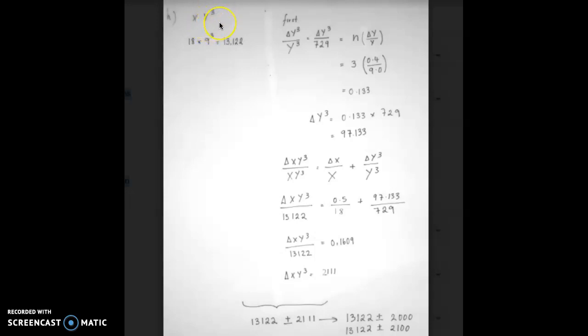So the fractional uncertainty in y cubed would be equal to the power, which is 3, times the uncertainty in y over y.